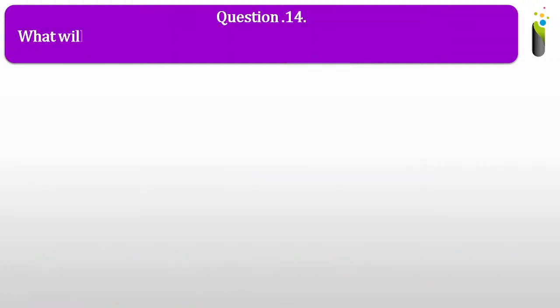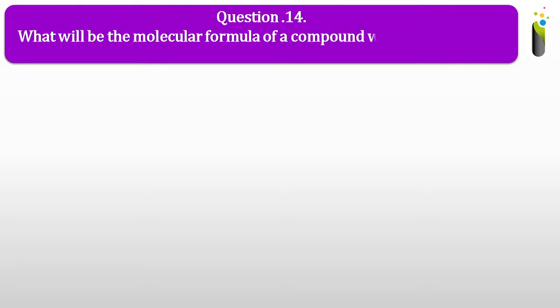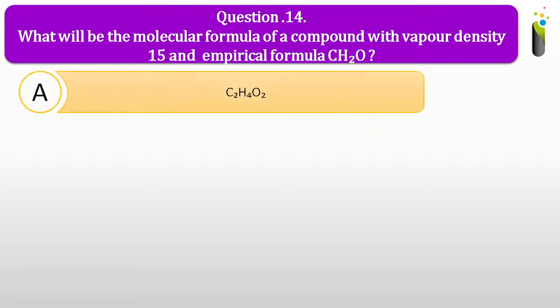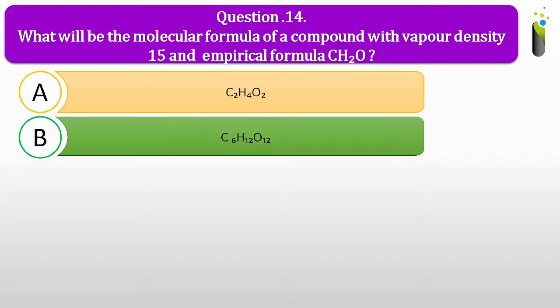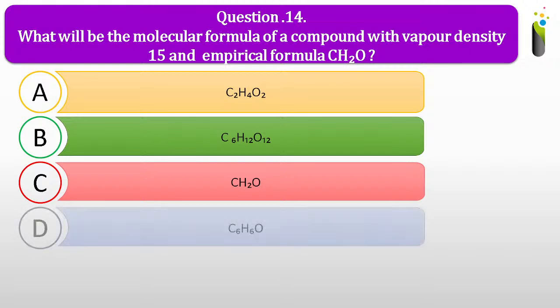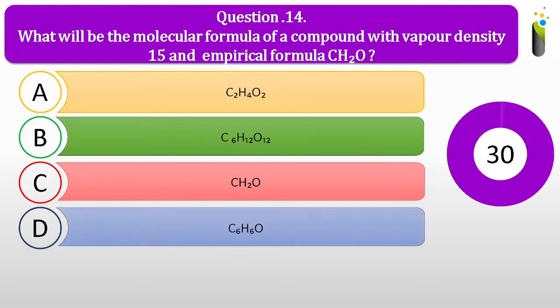Now, question number 14. What will be the molecular formula of a compound with vapor density 15 and empirical formula CH2O? I repeat, what will be the molecular formula of a compound with vapor density 15 and empirical formula CH2O? Your options are A. C2H4O2, B. C6H12O12, C. CH2O, D. C6H6O.